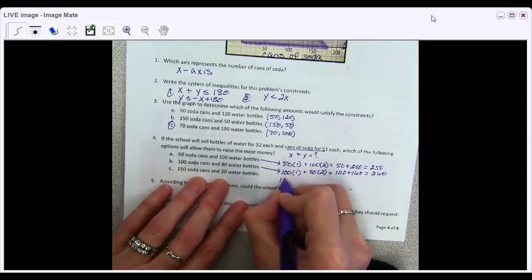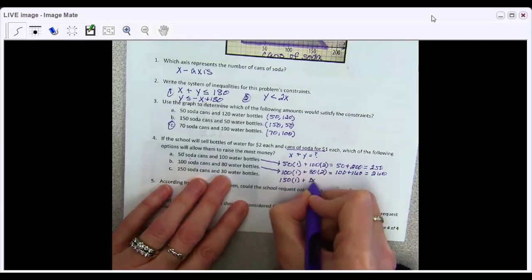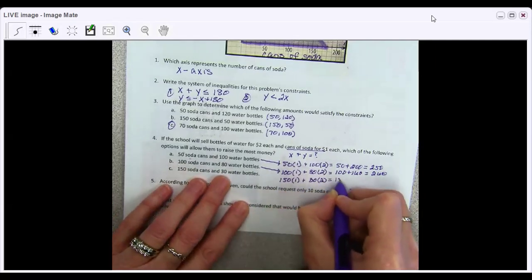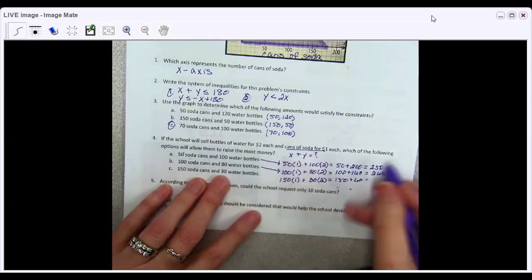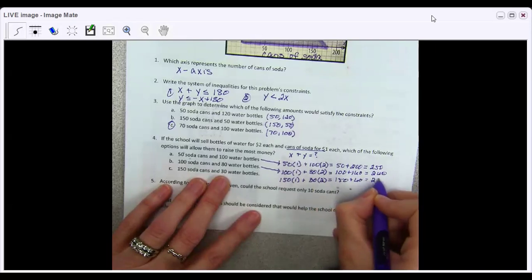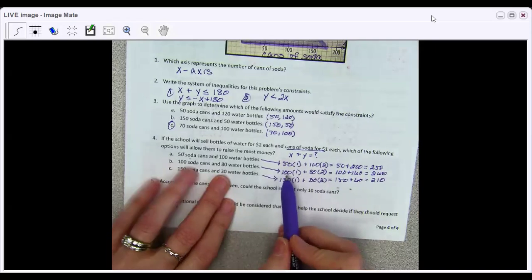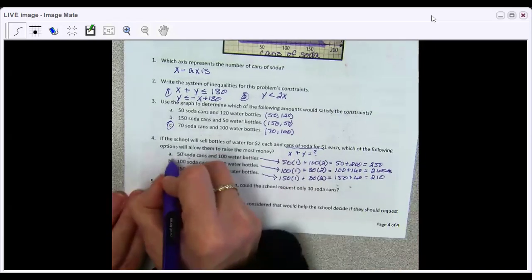We have 150 soda cans at $1 each, plus 30 water bottles at $2 each. Well, 150 plus 60 gives us 210. So it would be B. That is going to give us the most money.